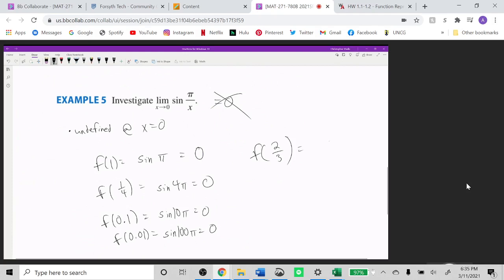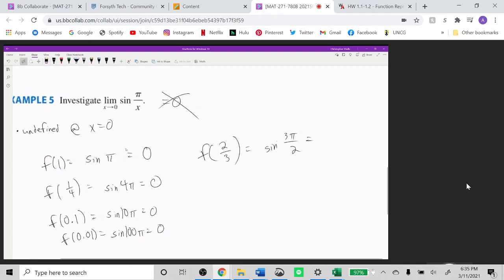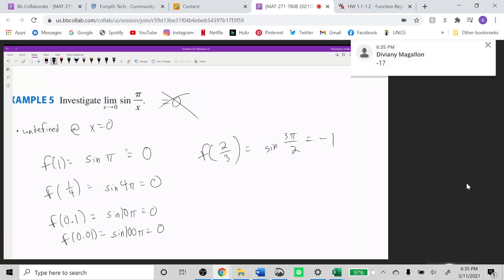This would have been sine of 3 pi over 2. What's sine of 3 pi over 2? This is at the bottom of the unit circle. This is -1, right? Similarly, there are values that we could have plugged in here to get +1.